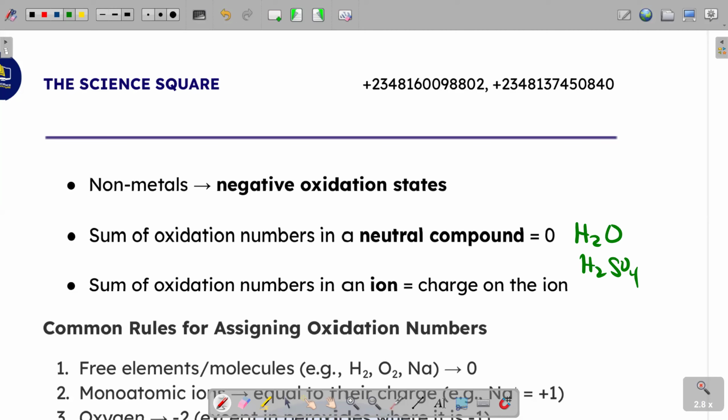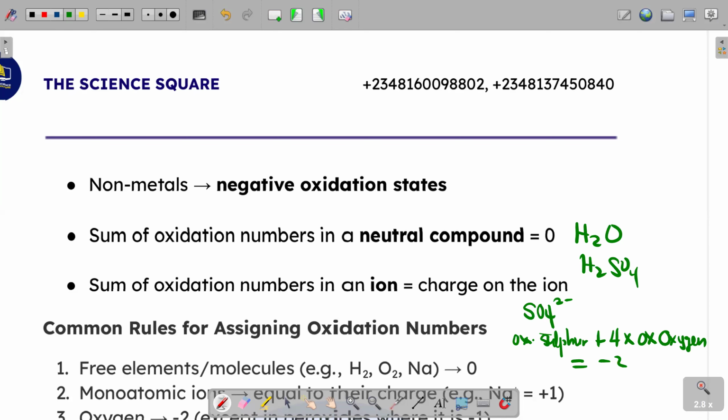For example, the radicals that we looked at, let's pick a radical. Let's say we have SO4 2 minus as an example. In this case, SO4 2 minus is a charge. So if you sum up the oxidation state of sulfur plus 4 times the oxidation state of oxygen, we are going to have -2 as a result.